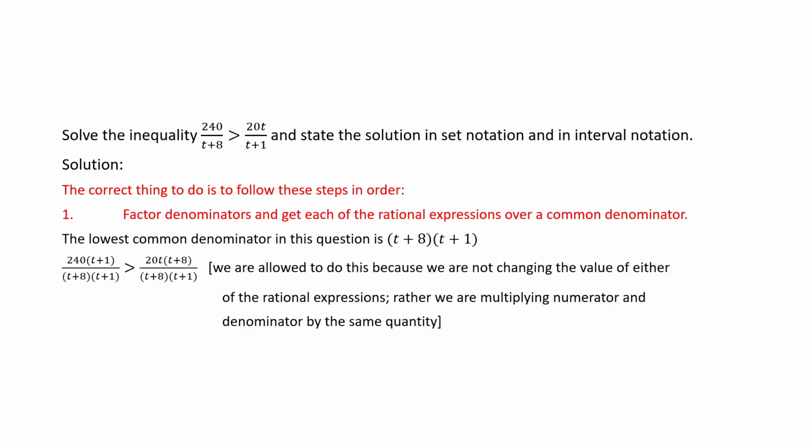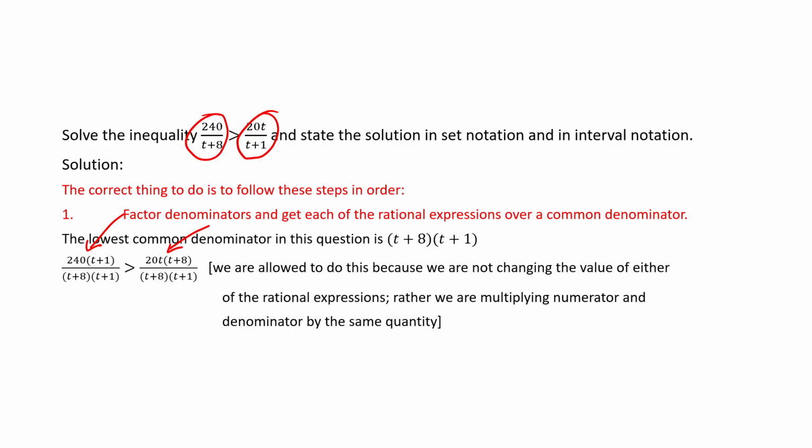So the first thing we're going to do is factor the denominators and get each of the rational expressions over a common denominator. Well, the denominators are already factored, so our lowest common denominator is t plus 8 times t plus 1. So we're going to convert 240 over t plus 8 into a rational expression with the denominator t plus 8 times t plus 1. And we're going to convert the rational expression 20t over t plus 1 into a rational expression with a denominator of t plus 8 times t plus 1.